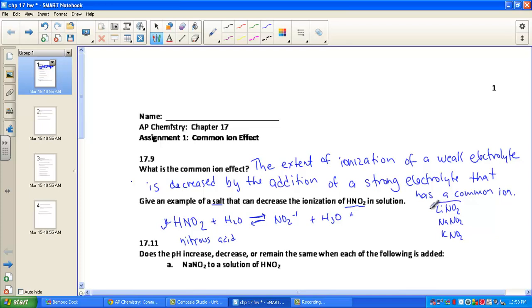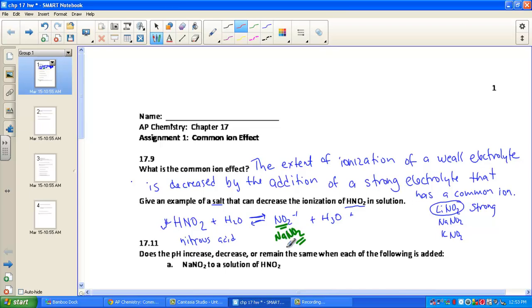If I just add this strong electrolyte, any strong salt, it has this common ion effect. If we were to add sodium nitrite, the ion it has in common is NO2 negative.